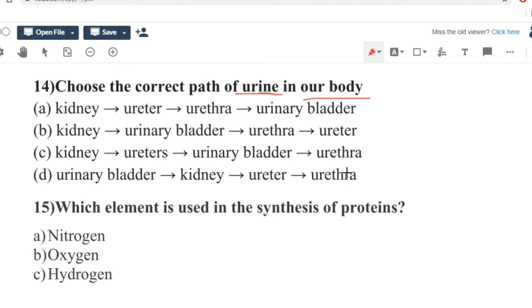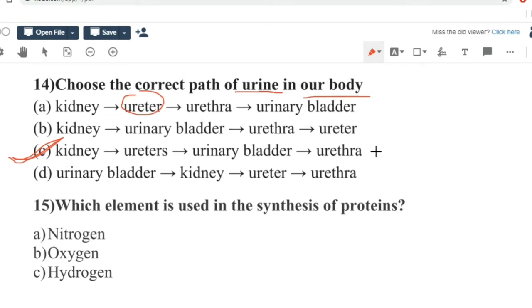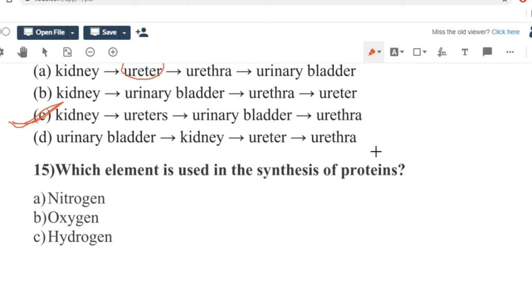Urinary bladder, kidney, ureter and urethra. So the option is C. Kidney, ureters, urinary bladder and urethra. Now they have given ureter here. Okay, don't get confused. We have two ureters. So the correct option is kidney, ureters, urinary bladder and urethra. Let's check with the next question.